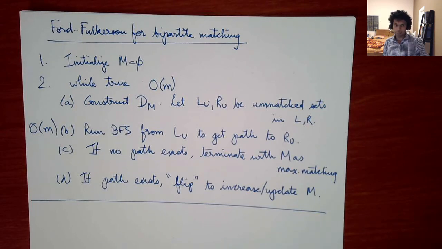Sure, at most M times. You're right. Why M? Because the maximum size of a matching could be the number of edges, and we get at least one new edge every time. Good. What is the maximum size of the matching? Can you give a bound better than M?